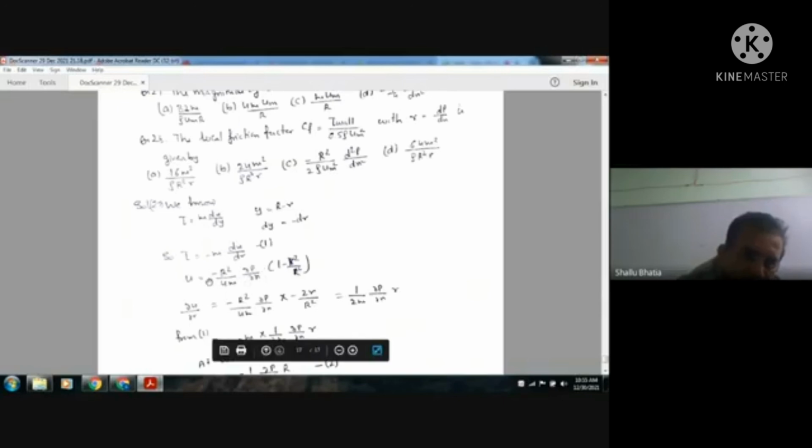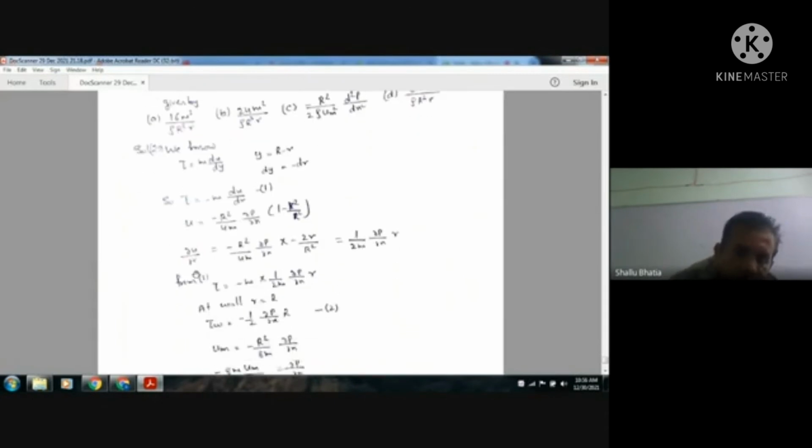So finding out du by dr, differentiating it we get R square by 4 mu dp by dx into minus 2r by R square. So minus minus becomes plus, and this is du by dr. Putting this value here, we can get the shear stress.